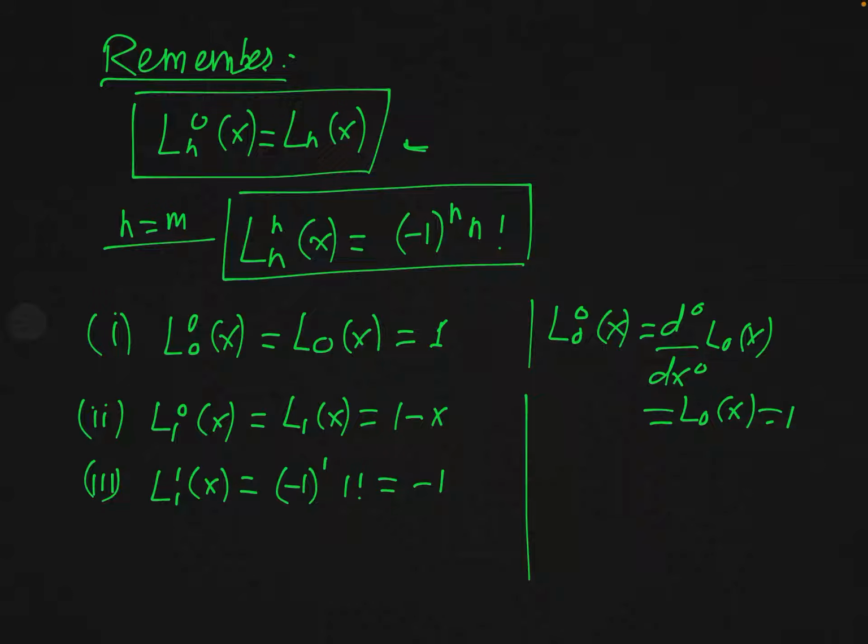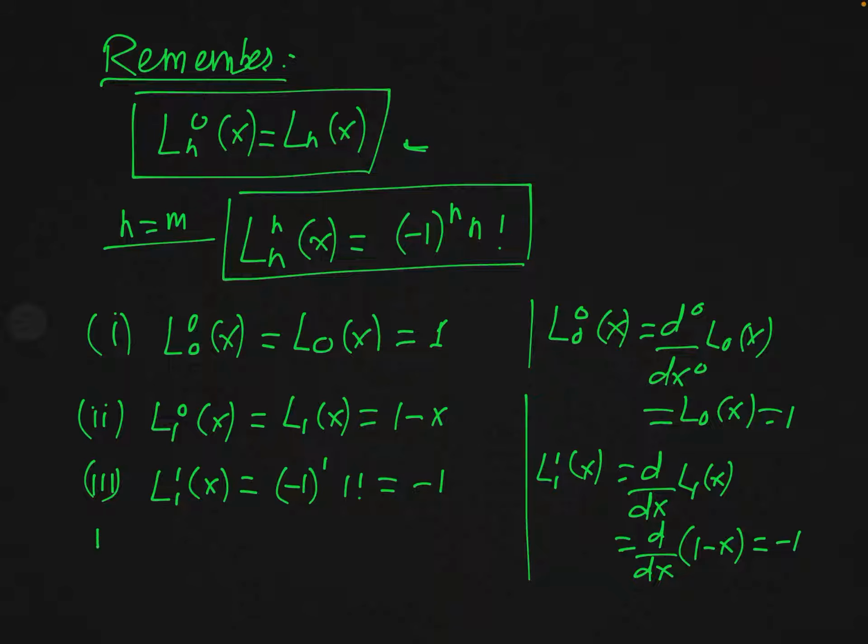And you may also check it from the basic definition. L_1^1(x) you can write from the basic definition of L_n^m(x) as d/dx of L_1(x), and you know that L_1(x) is 1 minus x, so this will be minus 1.